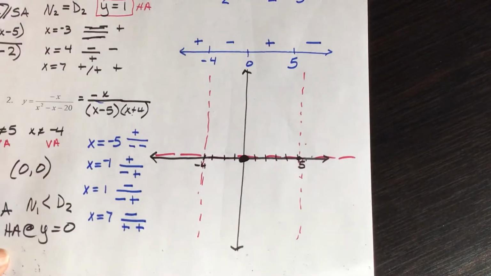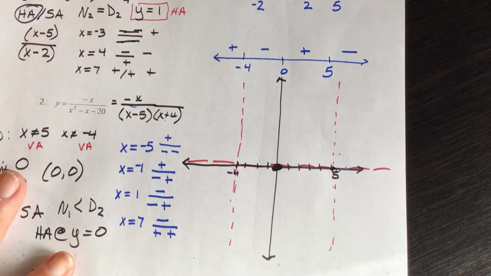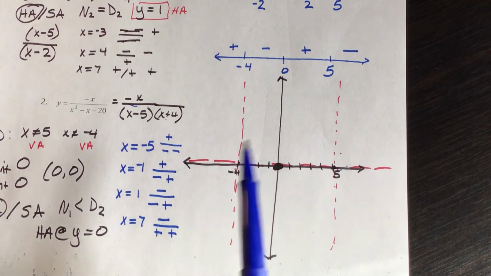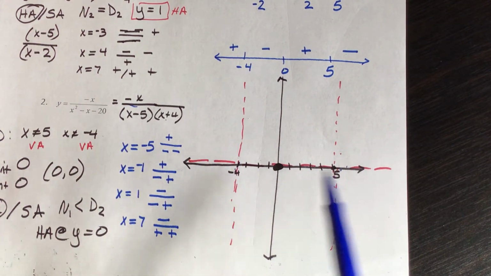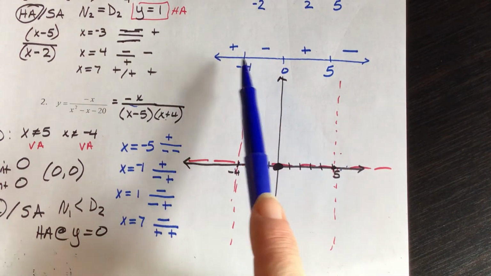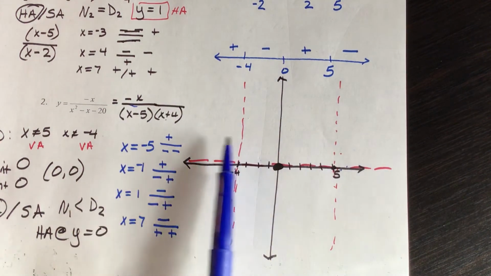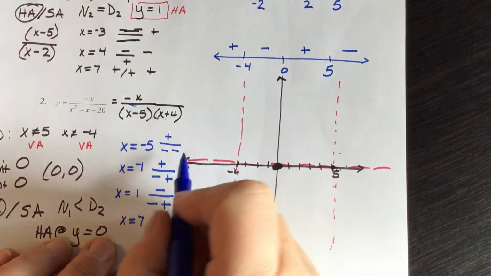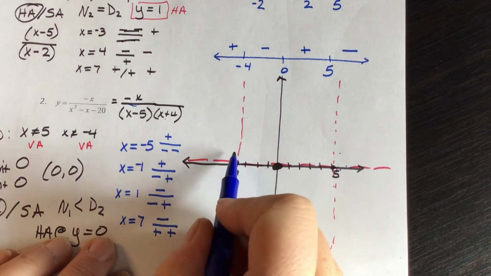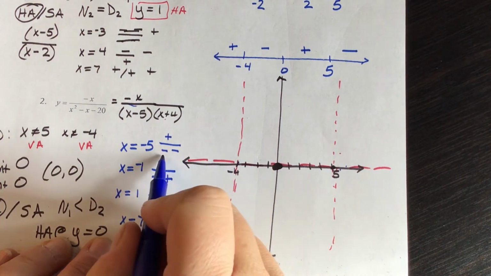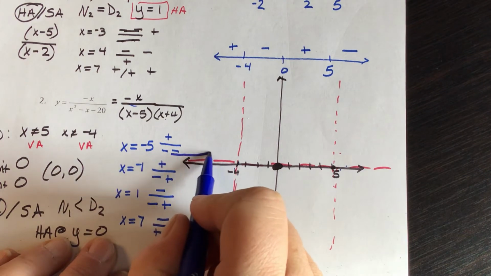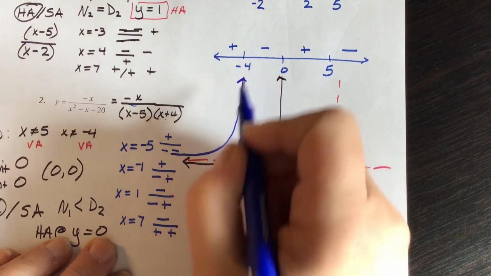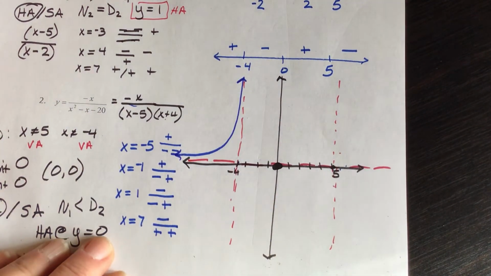All right, so now I'm going to build the graph. So if I look here, I've got sections. To the left of -4, this area has to be all positive. So as I am going towards -infinity, it's approaching that asymptote, and as I get closer to -4, it's approaching the vertical asymptote.